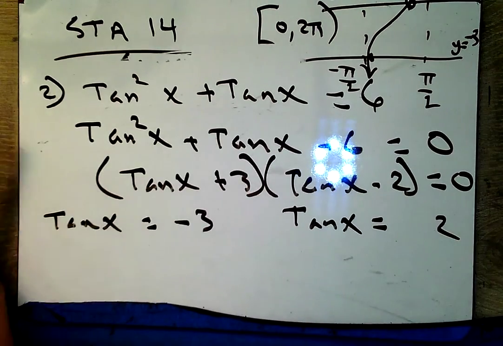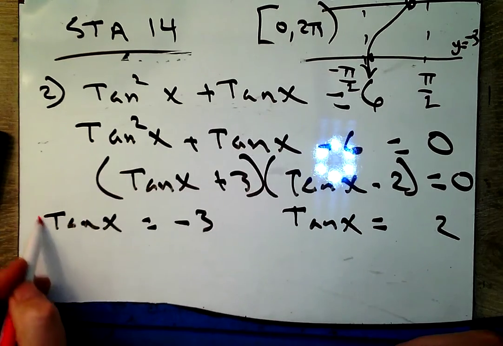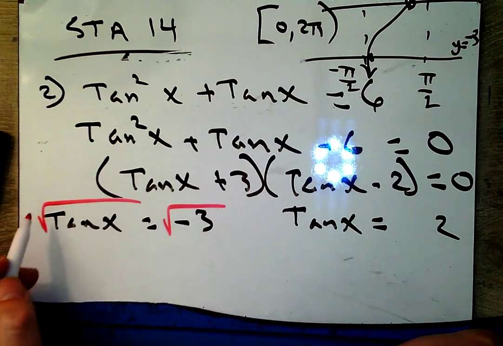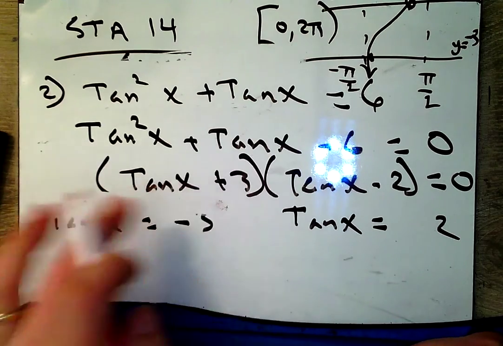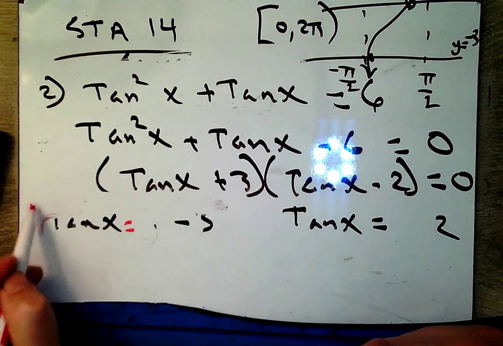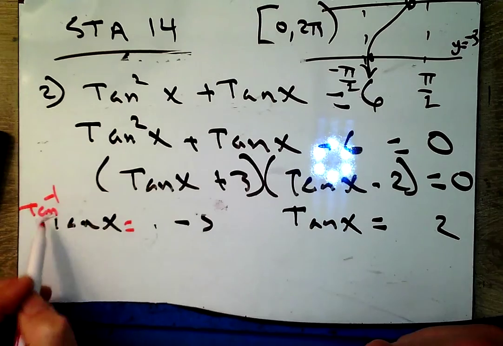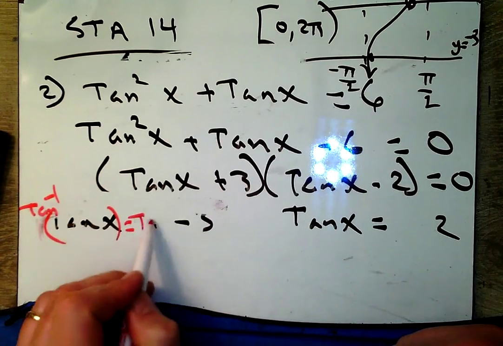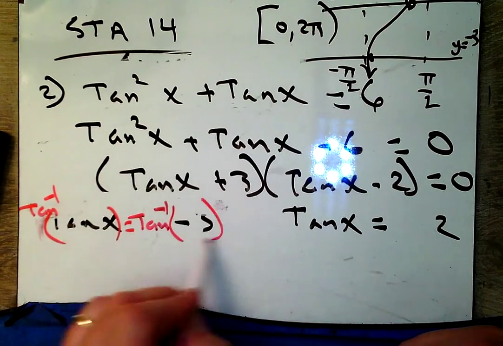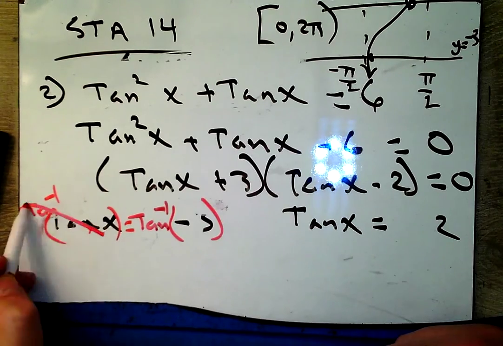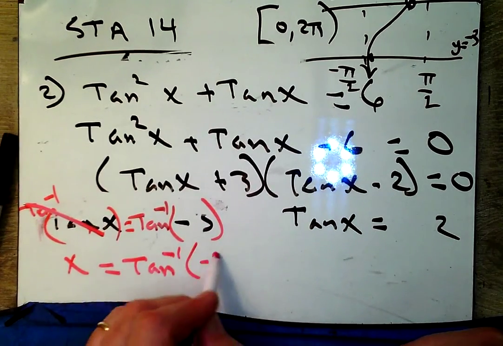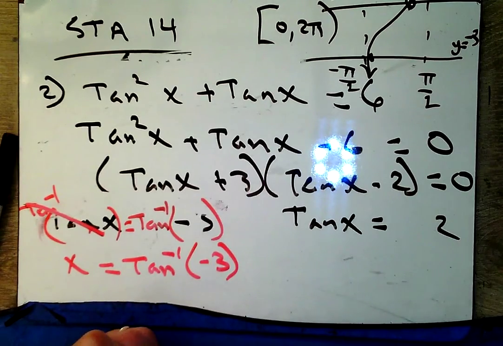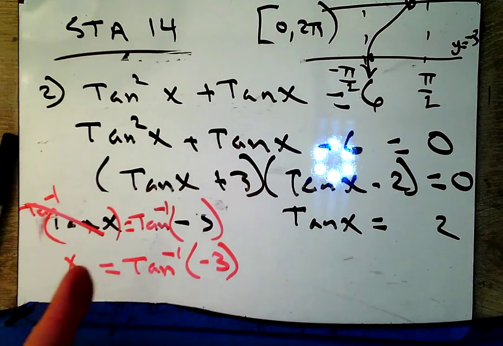So how do I want you to do it? Well, old school, Ms. Goldman taught me to do this. Oh, sorry, I thought I was looking at tangent squared. Ms. Goldman taught me to say, well, if you want to get x by yourself, take the inverse tangent of both sides. So inverse tangent and tangent cancel, and we've got x equals tangent inverse of negative 3. Okay, that's one of the answers, but remember, this is supposed to happen twice.